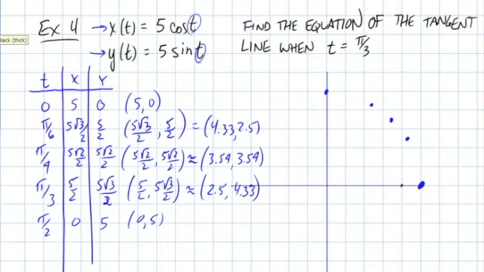So we see that these are actually the coordinates of points on a circle.